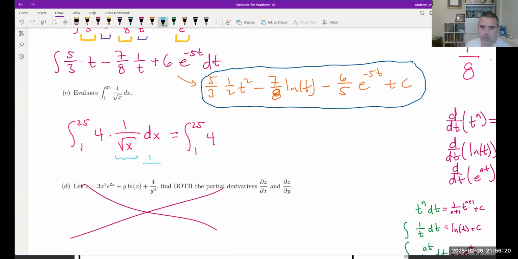This is 1 over x to the 1/2, which is the same as x to the negative 1/2. So now we're going to play the antiderivative, then plug in endpoints game.